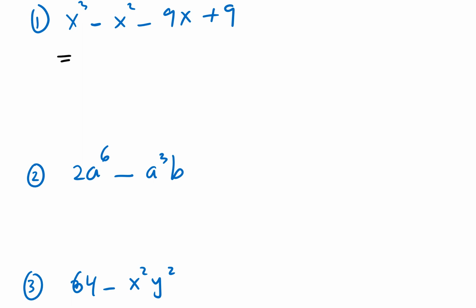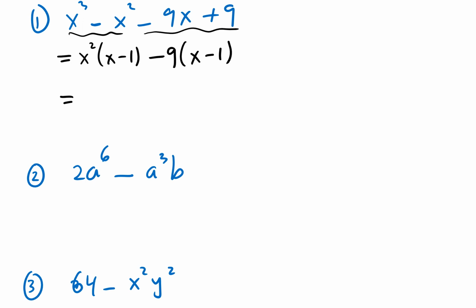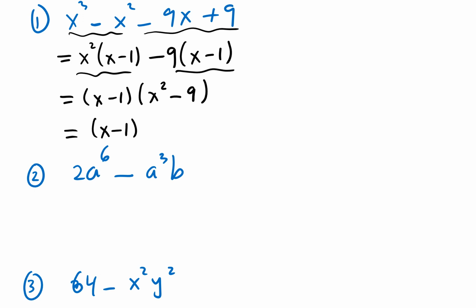So the first one goes as factor by grouping because I have 4 terms. I group the first two, I take x squared as a common factor here. That will leave x minus 1. And here I take a minus 9. That will leave x minus 1. What is common among these two is x minus 1. That'll leave x squared minus 9. But x squared minus 9 is x minus 3 times x plus 3.